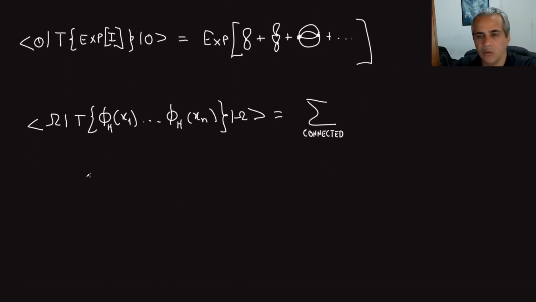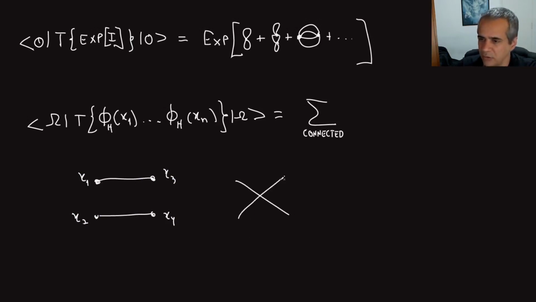It's not clear yet what the distinction is, but for instance, if I take the 4-point function, this is a connected diagram, because it is connected to external points. This one is also a connected diagram, and those are all here.